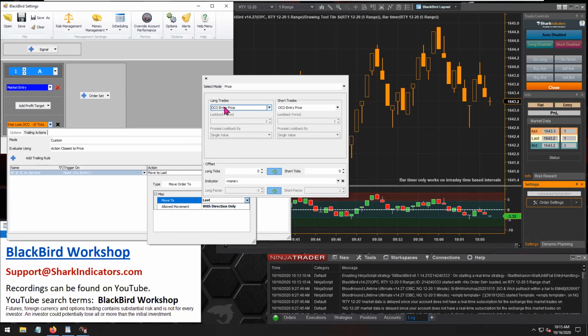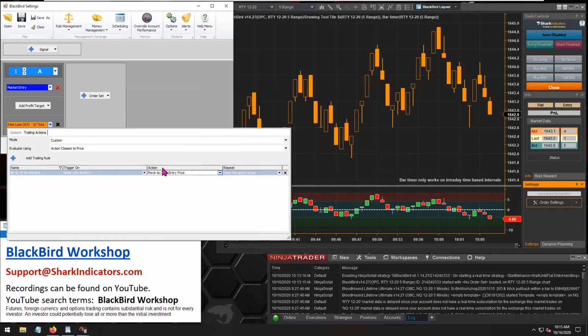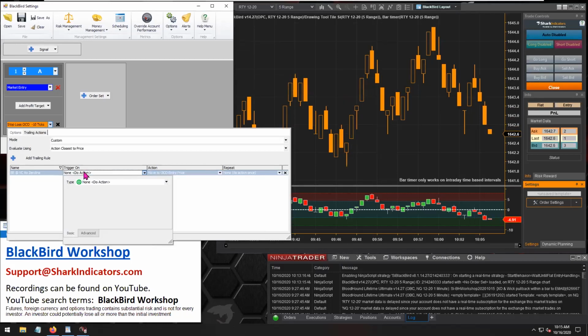Break even is basically the entry price. So there's the action to move the stop loss to break even. Now the real key to this question is in the trigger. Which one of these triggers do we use to identify when this value chart is crossing that 0 line?